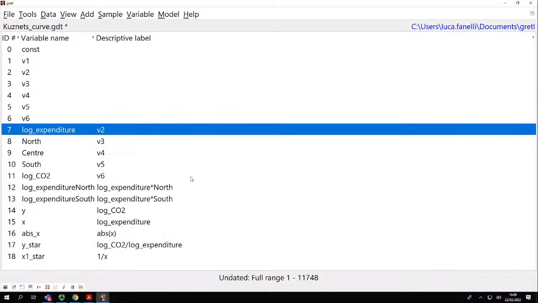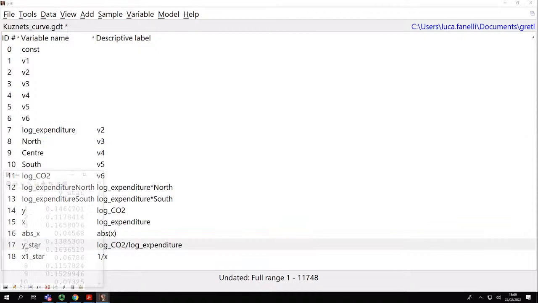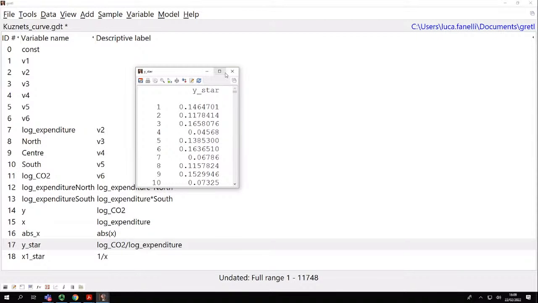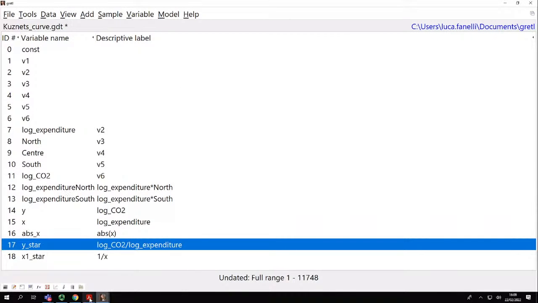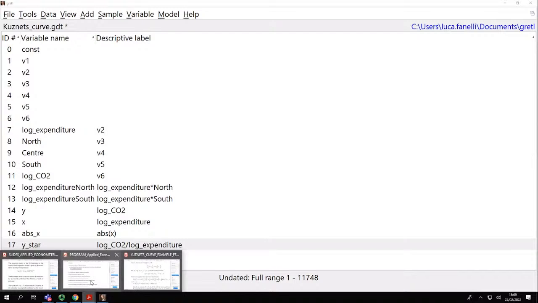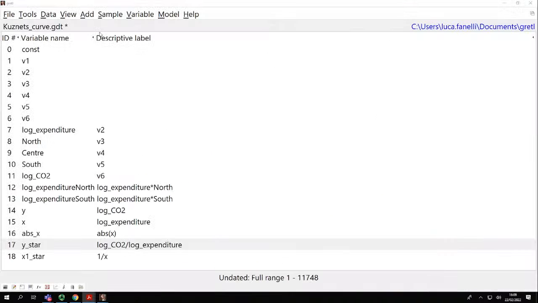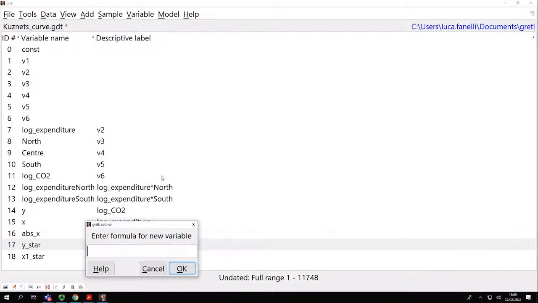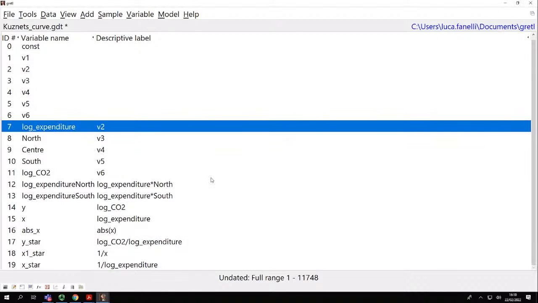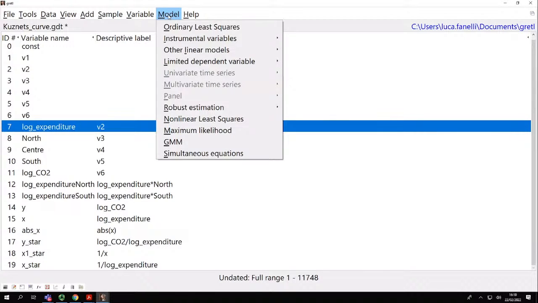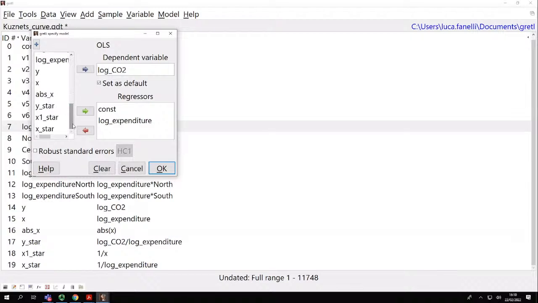Then I have to define the second regressor, this one. I define a new variable, I call it x star, equal to 1 over the log expenditure, and that's it. Now I say model, ordinary least squares. My new dependent variable now is y star.